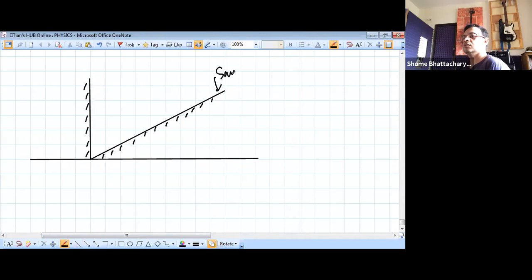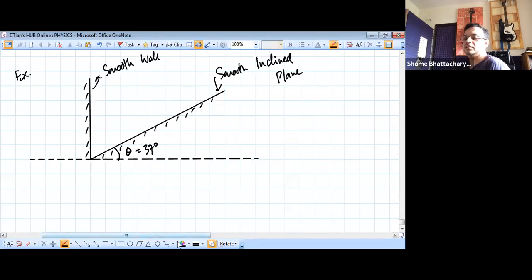So this is a smooth inclined plane. This is a smooth wall. This angle is my favorite angle, 37 degrees.